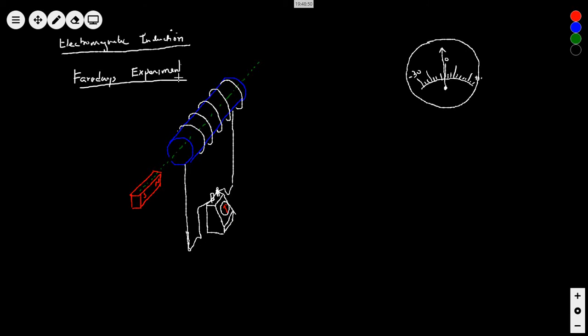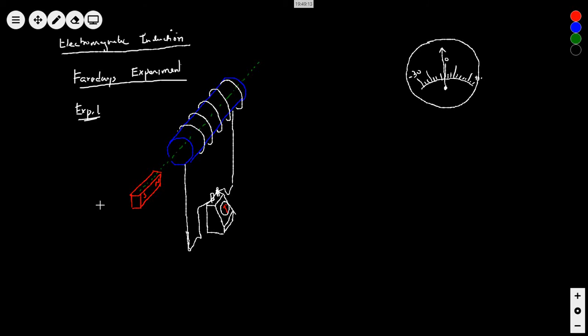Michael Faraday's experiment, and what he saw is what we are interested in. This is his first, most basic experiment, experiment 1.